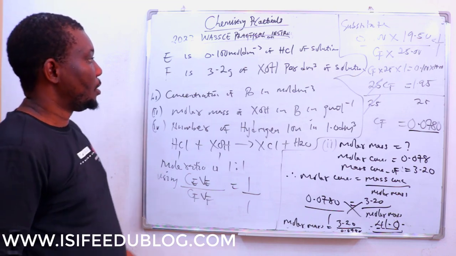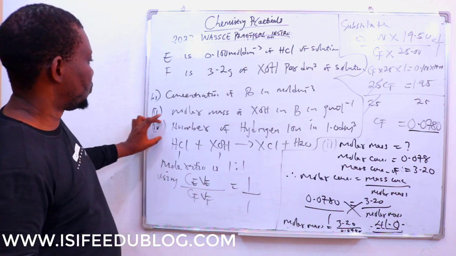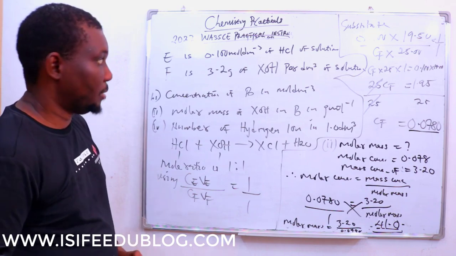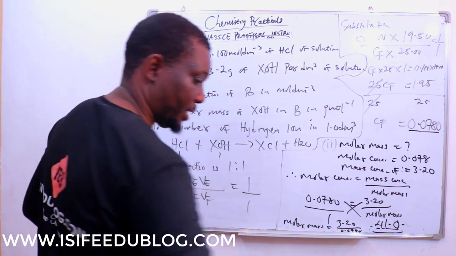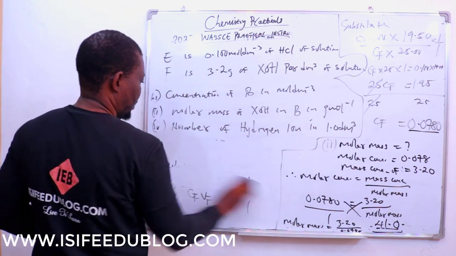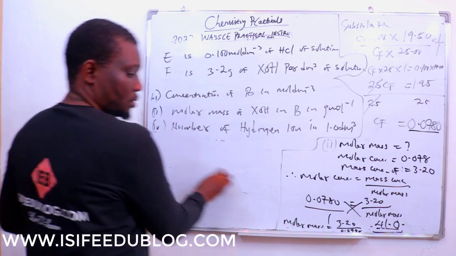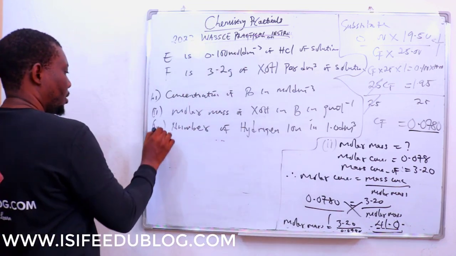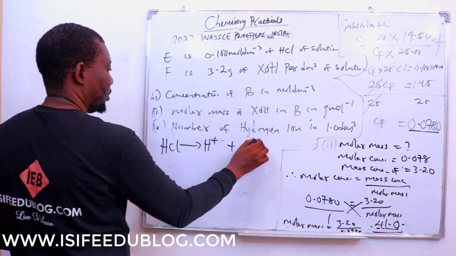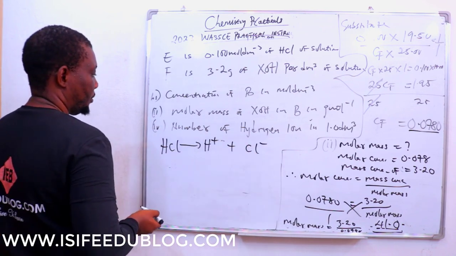Okay. And so the last one, number of hydrogen ions in 1 dm³. So how do we find out how many hydrogen ions there are? What do we do? HCl gives H+ plus Cl-.